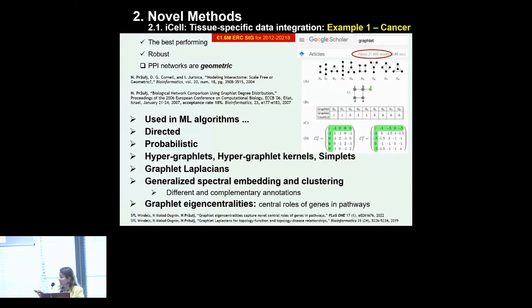Graphlets are used as feature vectors in many machine learning algorithms. We generalized them to directed and probabilistic, made graphlet Laplacians, generalized spectrum, embedding, clustering, eigencentralities, and so on. We also went to hypergraphlets, abstract simplicial complexes, etc. So this is what I will say about graphlets, and now let's go back.